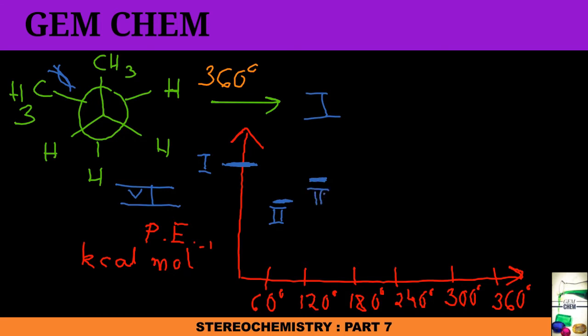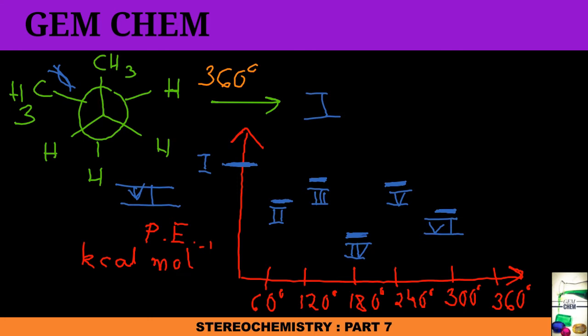So this is 3. Then we have our next one, that is 4, which is lowest in energy. Next comes again the equivalent of 3, that is 5. So here is our 5. Next comes our equivalent structure, 6, which we can write at the same position as 2.